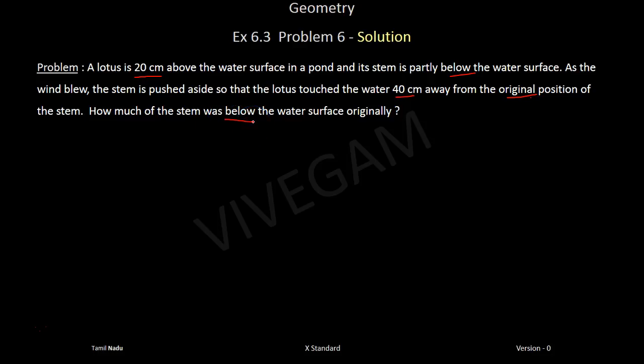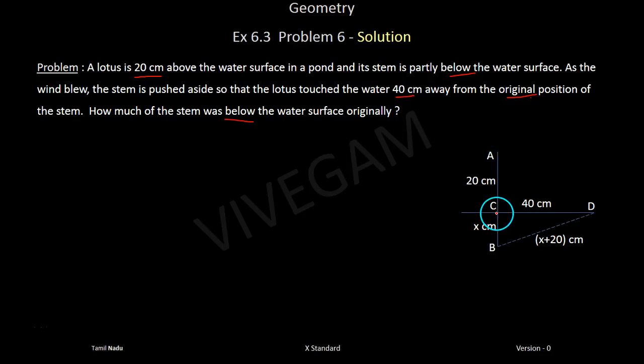So let's draw a simple diagram. Here AB is the lotus, and CD is the water surface of the pond. A is the flower, and this is the stem.